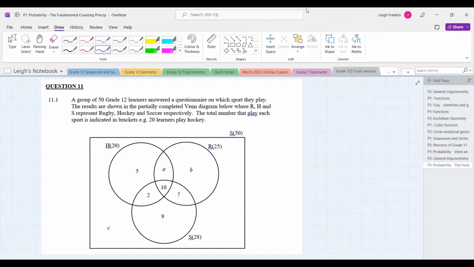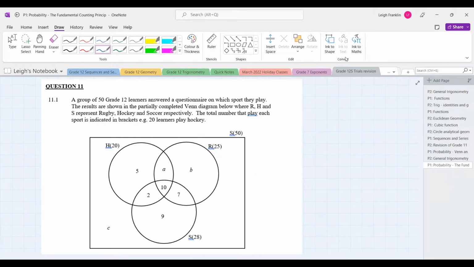The total number that play each sport is indicated in brackets.